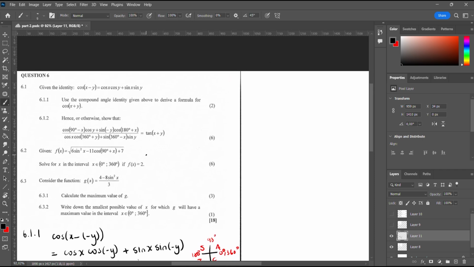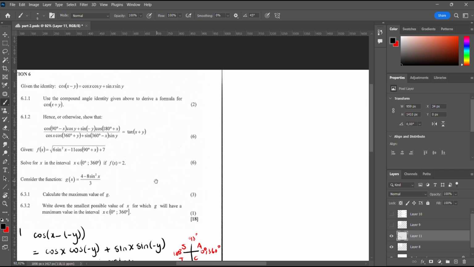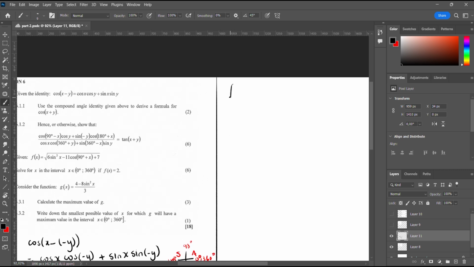So, given the function f(x) equals the square root of 6 sine squared x minus 11 cos(90 plus x) plus 7, solve for x in the interval 0 to 360 degrees if f(x) equals 2. Just write that down.